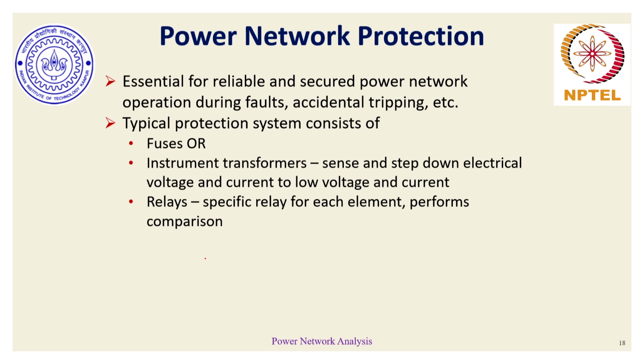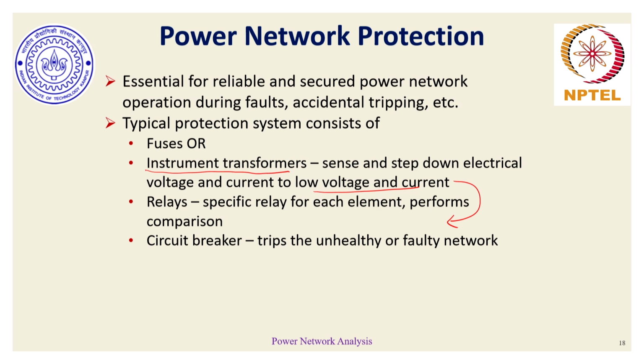These sensors are called instrumentation or instrument transformers, which are different from power transformers. Their purpose is to scale down the high voltage or high current levels to low voltage or low current, so that the relay can use them to sense the fault, and finally through the relay the circuit breakers get their trip signals, which trip the unhealthy part from the healthy part of the network.